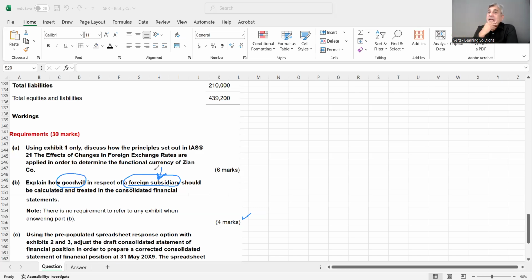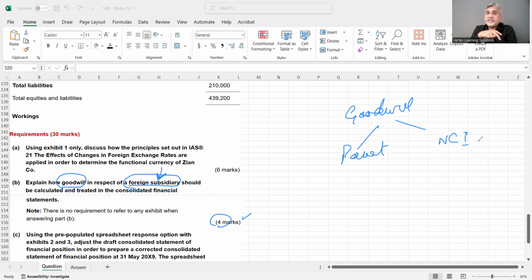Another thing you should understand here, because that is for a 4-mark question: whenever goodwill comes, a very common question is what happens to goodwill with respect to the parent and NCI. Remember the distribution of goodwill to parent and NCI. So in your second or third paragraph, you should also mention that issue.